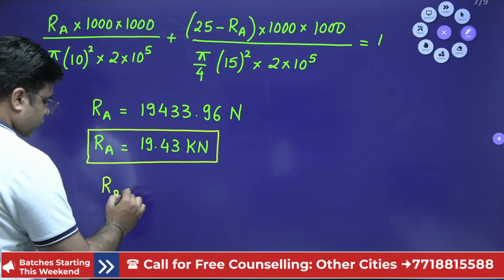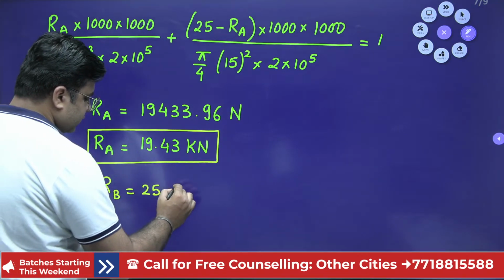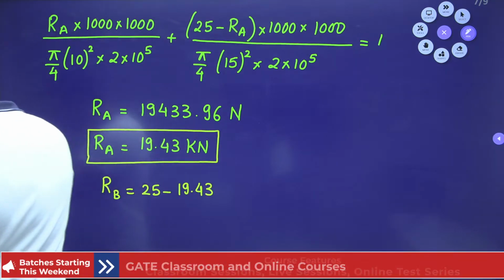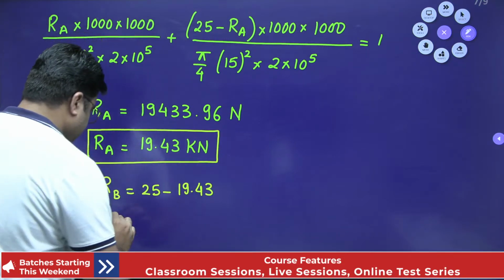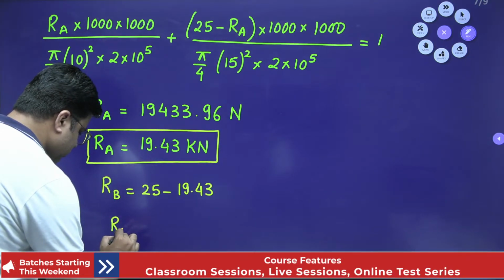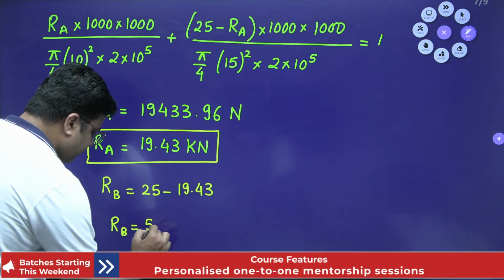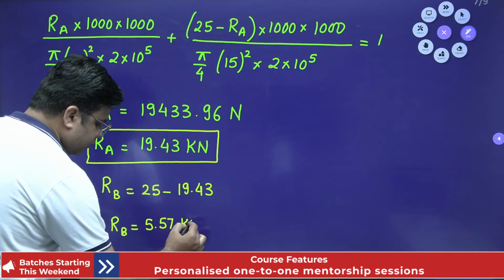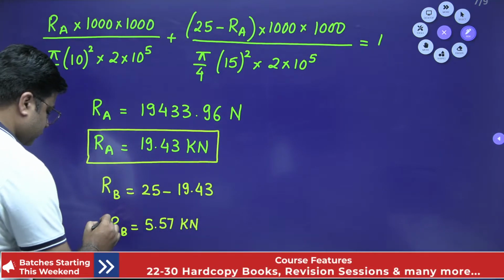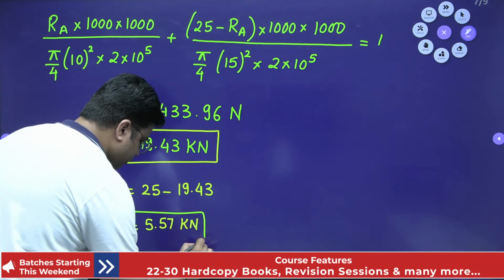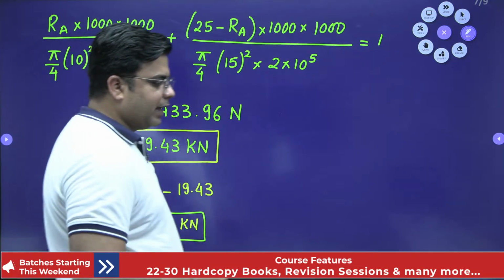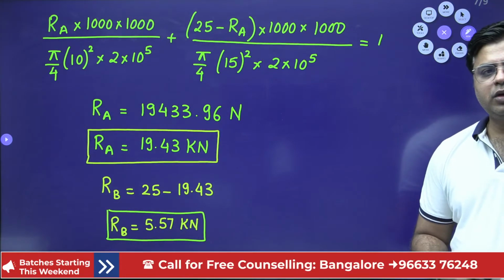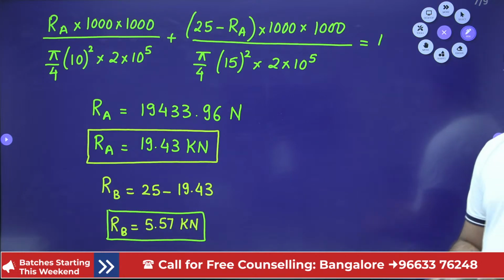RB is 25 minus 19.43. Just do the quick calculation and tell me the value of RB. RB is 5.57 kilonewton. So this is how you calculate the value of RA and RB.